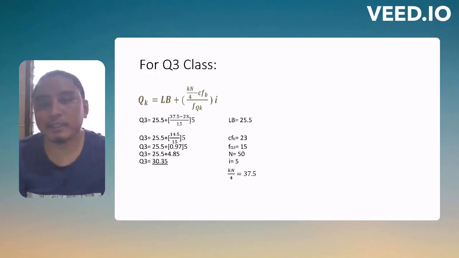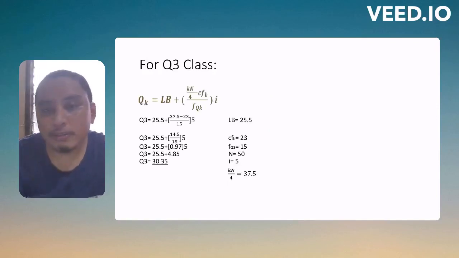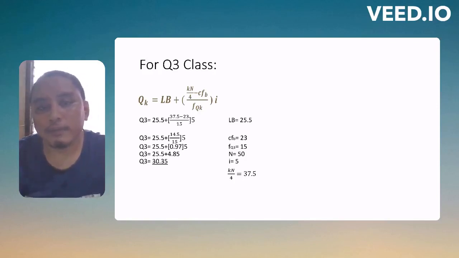So this is the formula for the Q3 class. So Q3 is equal to 25.5 plus 37.5 minus 23 over 15 multiplied by 5. So Q3 is equal to 25.5 plus 14.5 over 15 multiplied by 5.